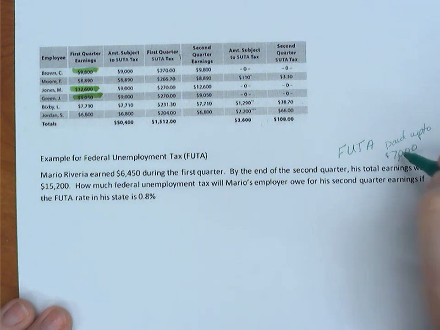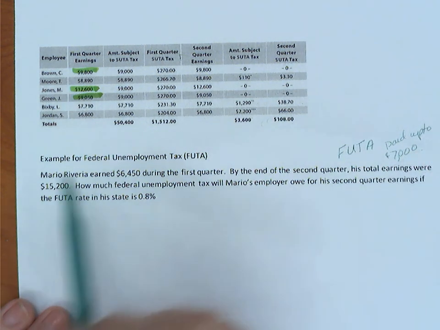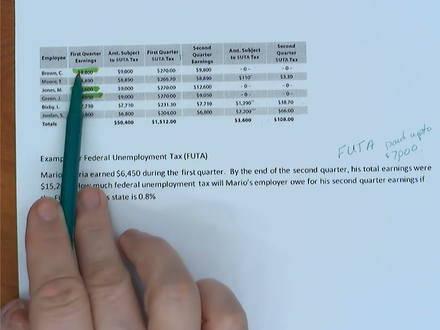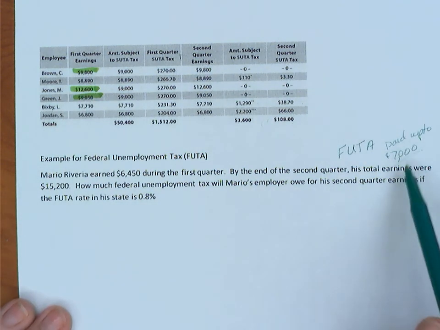So it's going to be 7,000 times this if they use all their money. Just like in the previous example, they only had to pay up to the 9,000 mark, right? So for federal, it's 7,000.